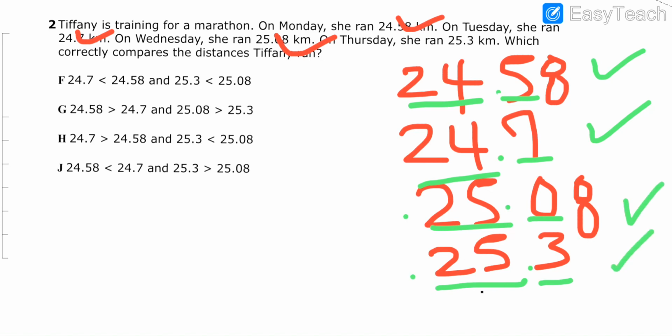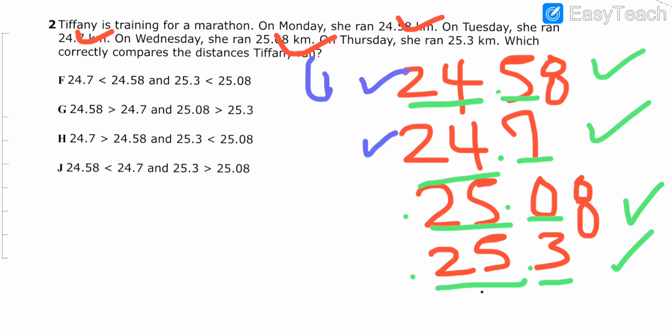So now we simply need to look at letters F, G, H, and J to see if these statements are actually correct. So for F, it says that 24 and 7/10 is smaller than, I'm going to put in some check marks over here. 24 and 7/10 is smaller than 24 and 5/8.